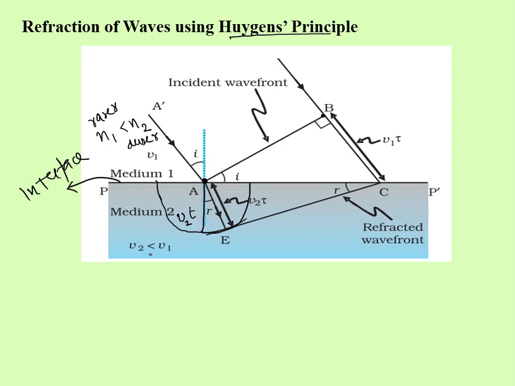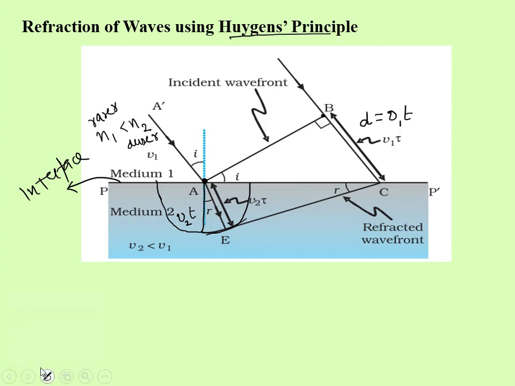That is less because it is denser. Now B will have to travel some extra distance to reach that same interface. It is still in medium 1, so the extra distance traveled by B is again speed into time, but since it is in medium 1, it is rarer, slightly faster, so V1. The speeds are different. That's why I mentioned V1 and V2.